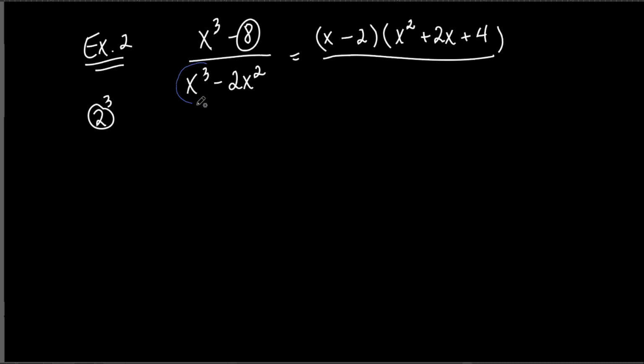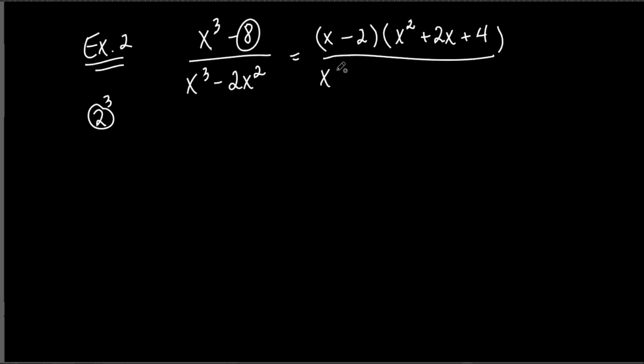How do we factor this thing? Is it a difference of 2 cubes? No. There's nothing being cubed to give you 2, and there's nothing being cubed to give you x squared. So it's not a difference of 2 cubes. What do I always say when we do factoring? Always look for a common factor. Greatest common factor. That's right. There's an x squared in both of these, isn't there? Yeah.